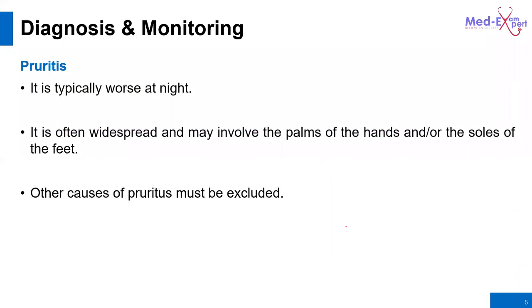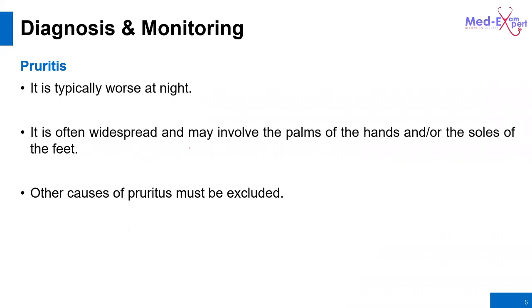What are the characteristics of the pruritus of obstetric cholestasis? Of course, it's pruritus without rash. It's typically worse at night. It's widespread and involves the palms of the hands and or the soles of the feet. And this is a very important point.